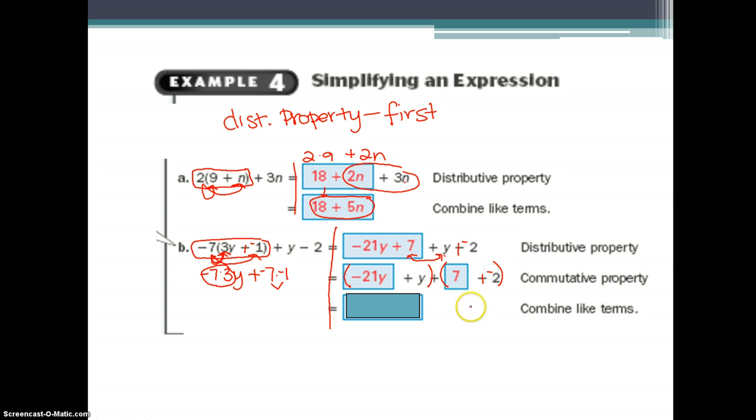Let's add that opposite. So you can see that negative 21y plus y, there's a 1 here, so what's negative 21 plus 1? Negative 20y plus 7 plus negative 2, subtract, is 5. That's your answer. One has a y, one doesn't.